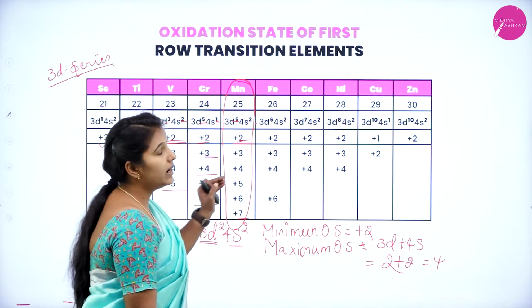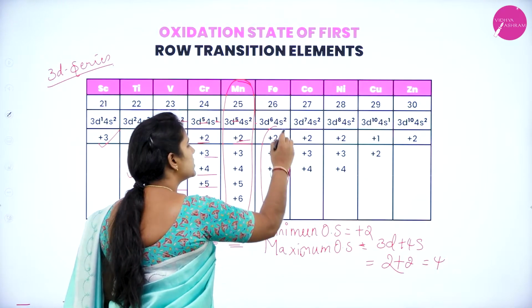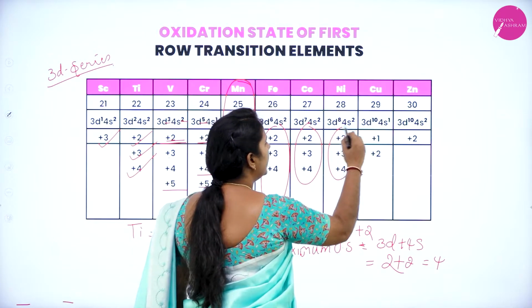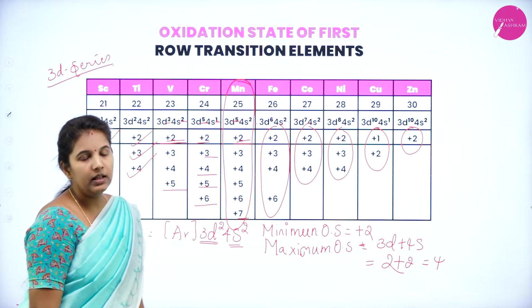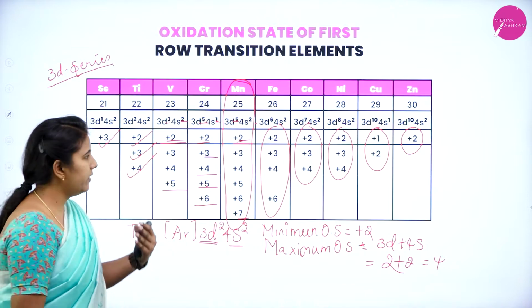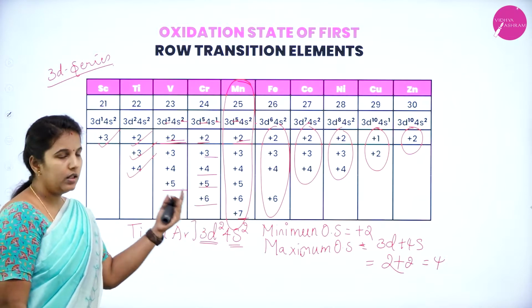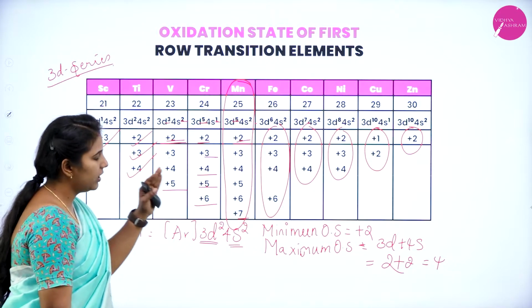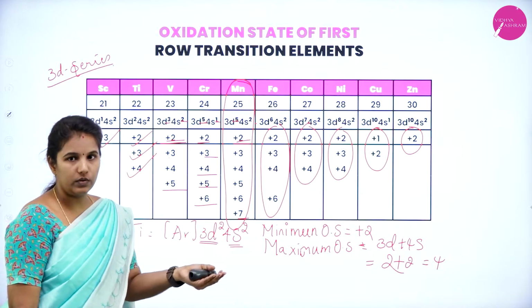Thereafter, you can see that the oxidation state decreases. This indicates that when we write the electronic configuration from scandium to manganese, the number of unpaired electrons is more.